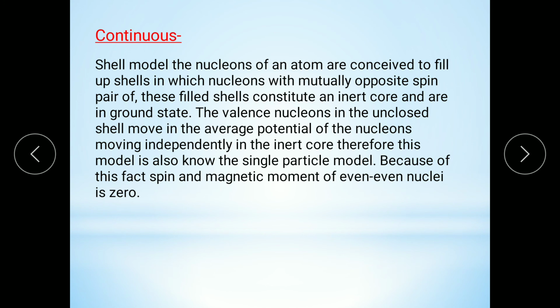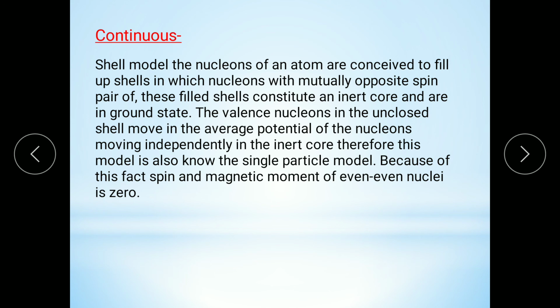Similarly, as when we write the electronic configuration of an atom we say it is a closed shell, here when we fill the shells of the nucleus we also get the inner core and the ground state. Here also we are filling the nucleons in the nucleus within different shells, and we are going to study that in our next lecture.